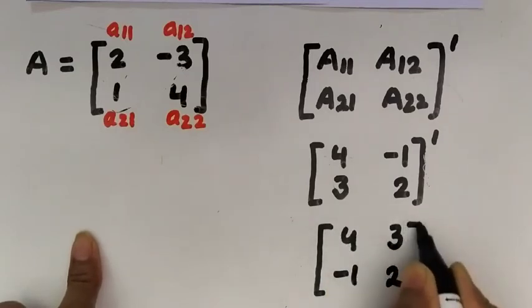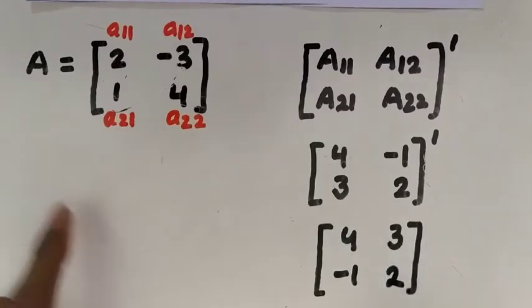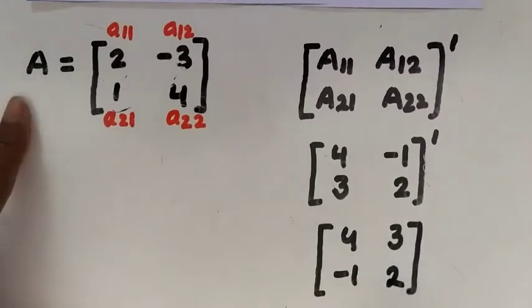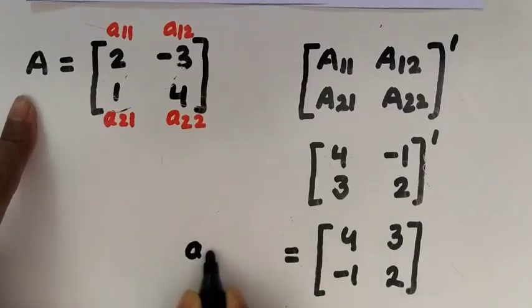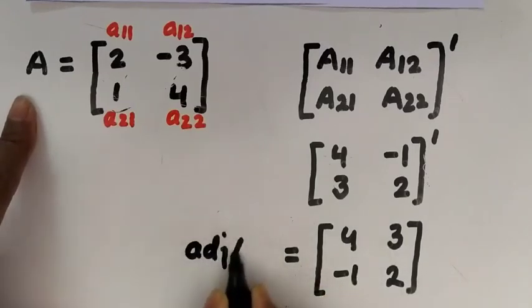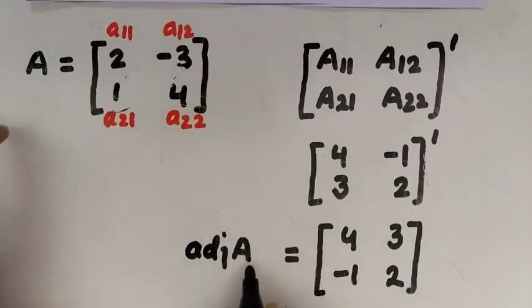So students, finally this matrix is the adjoint of square matrix A, and adjoint of square matrix A is denoted by adj A. So adj A is equal to 4, 3, minus 1, 2.